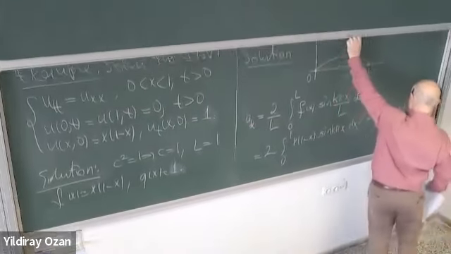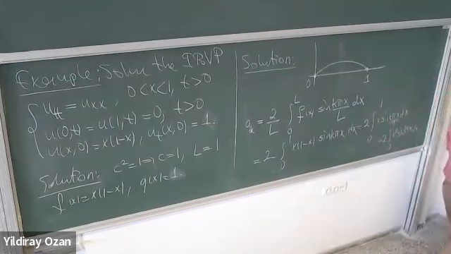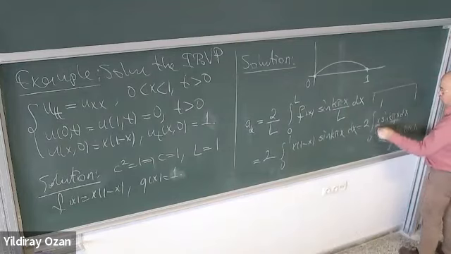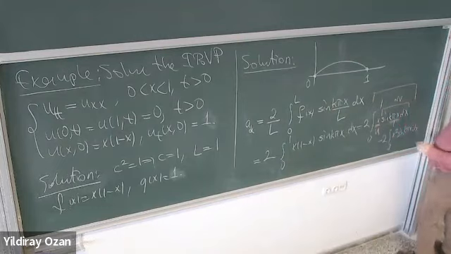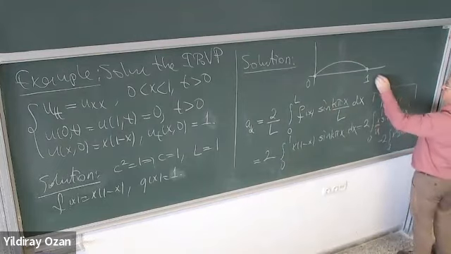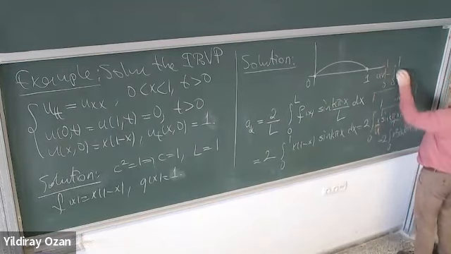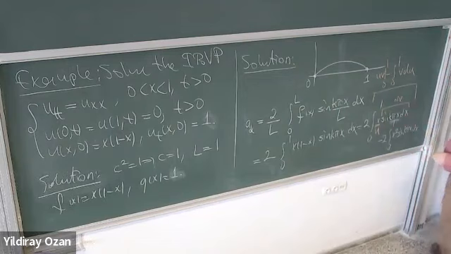okay, so what is this integral? Let me just compute it here. So this is u, and this is dv. So this will be u times v minus the integral from 0 to 1 of v du.